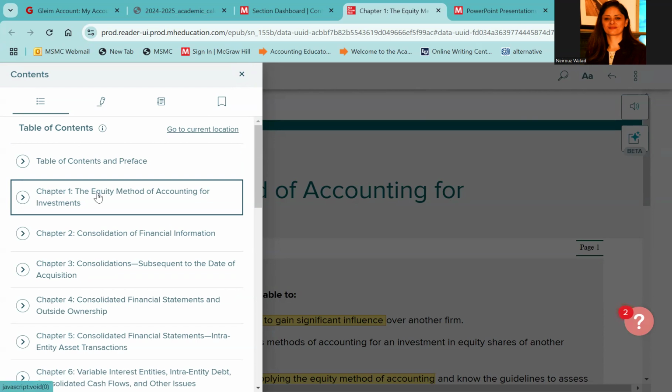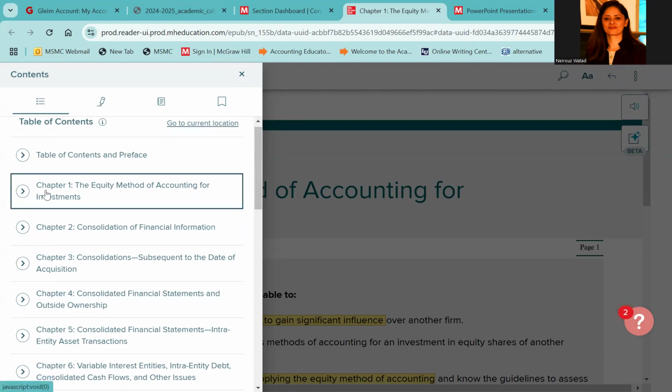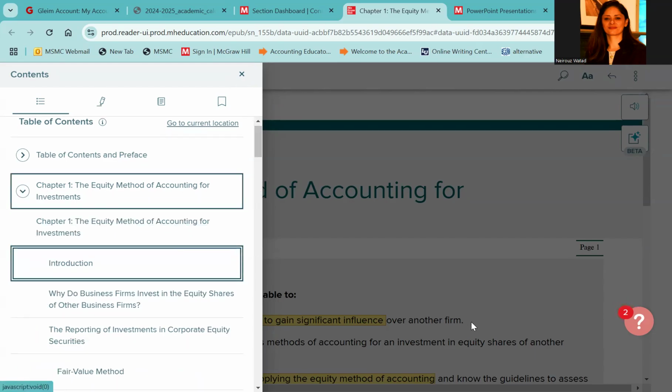What happens when a company buys stocks in another company? How to account for that? So business combinations and consolidations. All right, so chapter 1. Let's start with chapter 1.